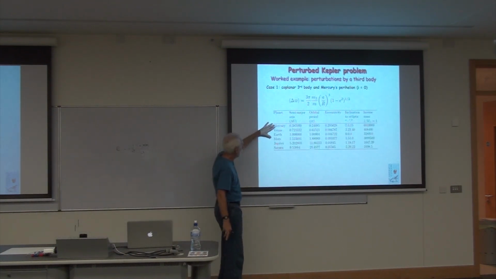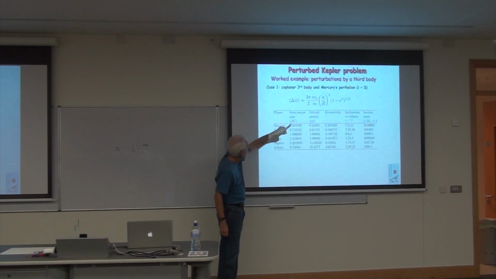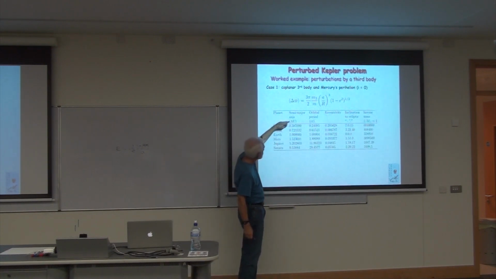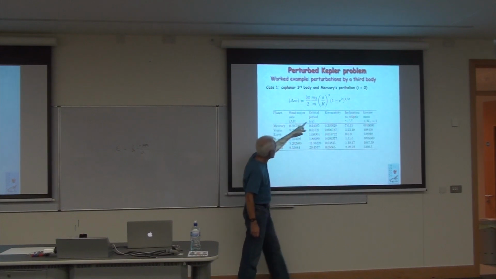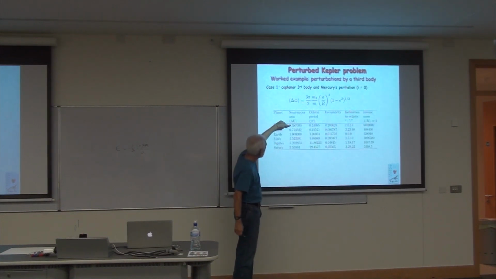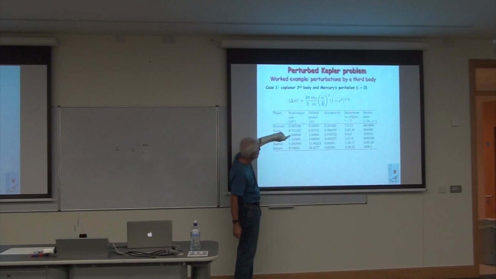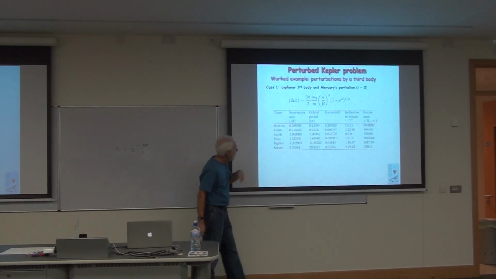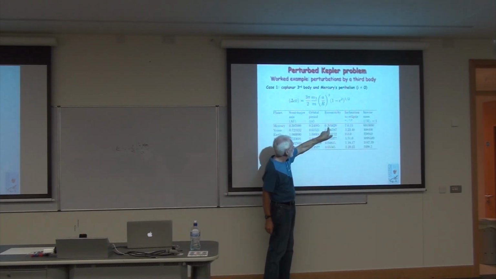So here's the data for all the other planets. We need to know the radius of the orbit of the other planet, in astronomical units. Mercury, that's going to be A, semi-major axis, 0.387 AU. Earth is 1 by definition. Venus, Mars, Jupiter, Saturn. Then the eccentricity of each orbit.